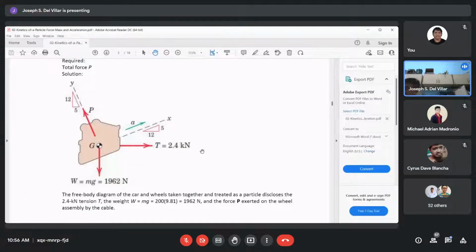Sandali na lang. Ginagawan ko kasi ng ano para mas maintindihan nyo to.